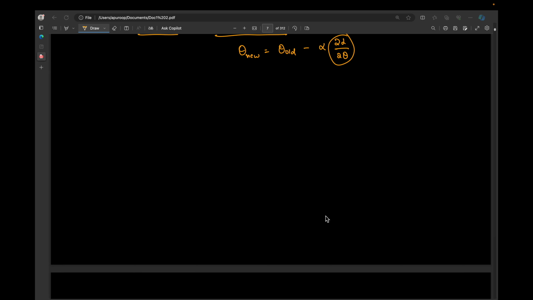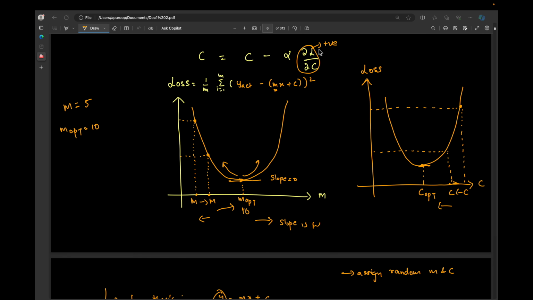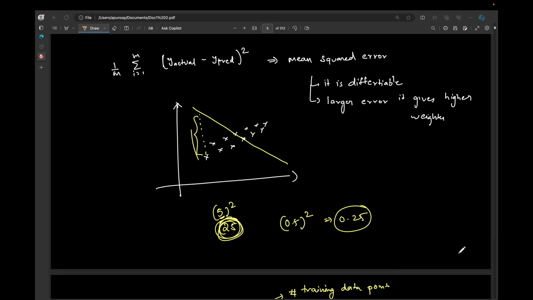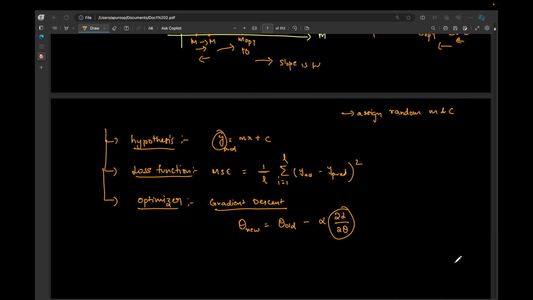Here, this partial derivative signifies move in this direction, and here, this one signifies move in that direction. Simply think of it as the partial derivative telling us the direction in which the parameter value should move.